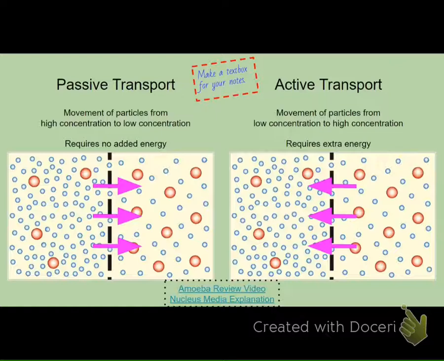In this case, passive transport is what happens when no energy is applied. So, for example, imagine the paper towel is a cell. If you put a dry paper towel in water, the water is going to go through the membrane of the cell or into the napkin because there's a lot of water on the outside, and it's going to move to where there's not a lot of water.